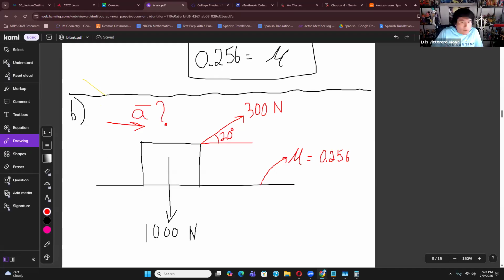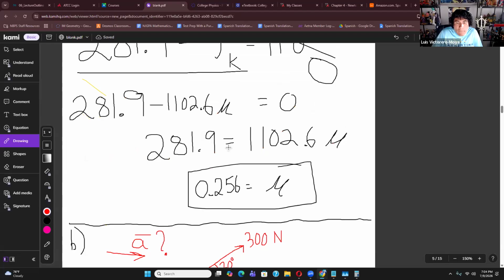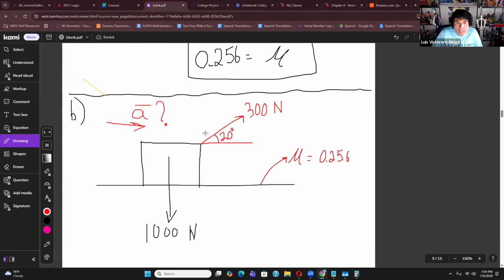All right. My hint is that the normal is affected by this, but I want you guys to pay attention to the direction though. So your normal, you have to be careful, and then we use the same Newton's second law, all right?